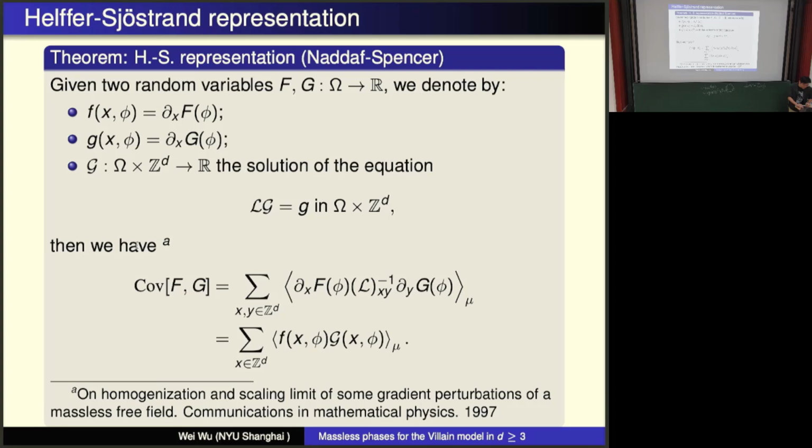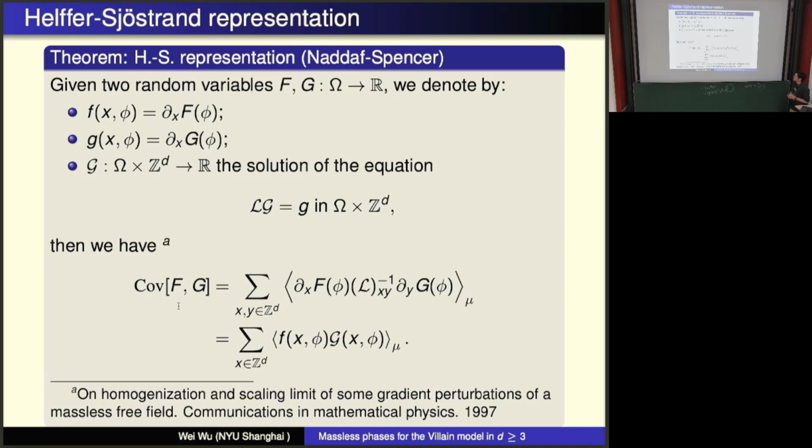Right? There's a more general formula that can give you the covariance for very general functions of phi.